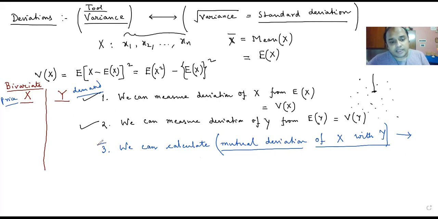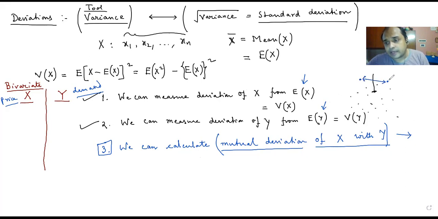So this number 3 is actually different from number 1 and number 2. In number 1 and number 2, the points E x and E y are fixed. The pillar is fixed, and we are trying to find out how the points are scattered around them. But in point number 3, we are trying to consider this variable and this variable, and how they deviate from one another.